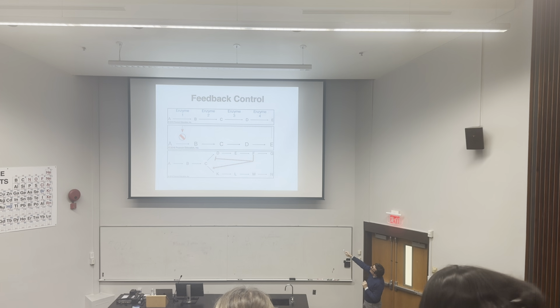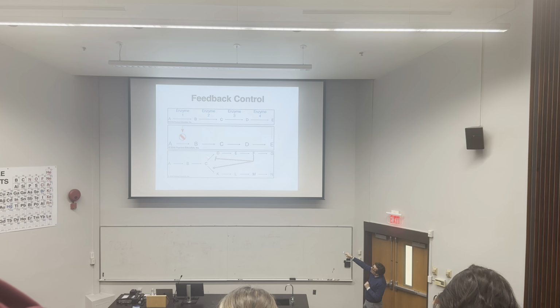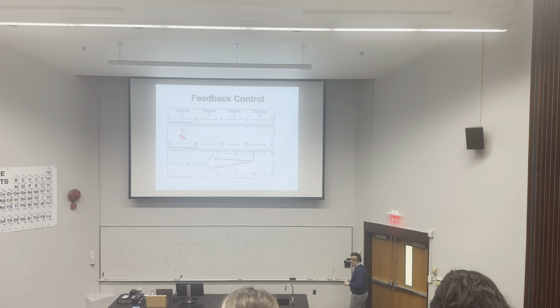In this case, it's E that is going back. In this case, it's a little bit more complicated. It's a pathway that is branching in 2 ways. And if this way is going too high, F is able to reduce the production of itself, but enhance the production of the other parallel pathway. Eventually, G and N are needed for something that they make in the cell in the same amount. Imagine purines and pyrimidines, for instance, right?